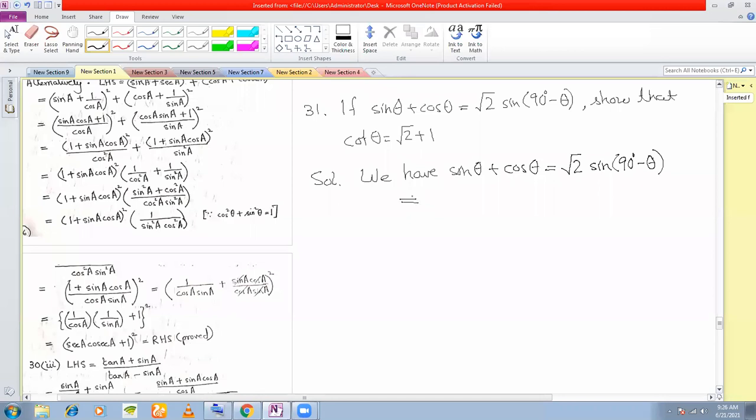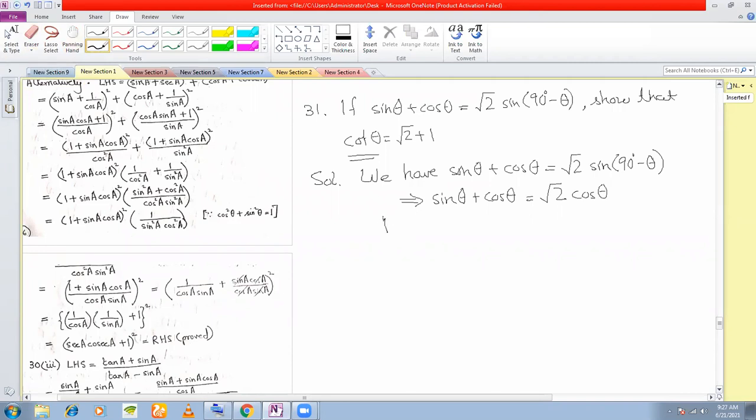Right? Now see, on the right hand side you have a complementary angle. So you change it. Sine 90 minus theta will become cos theta. Now you see, you want to find out cot theta, but you have everything in terms of sin theta and cos theta. Then what will you do? You see that cot theta is nothing but cos by sine, isn't it?